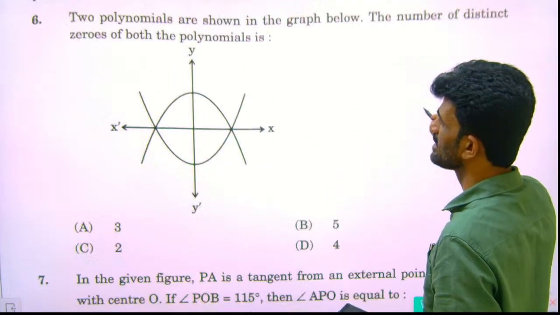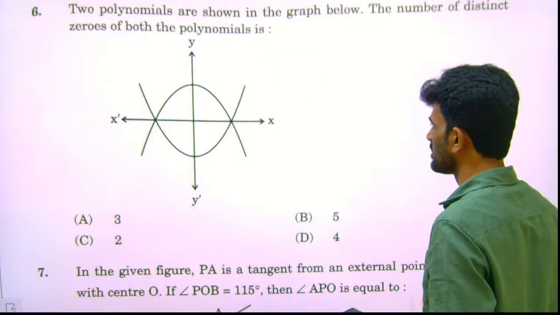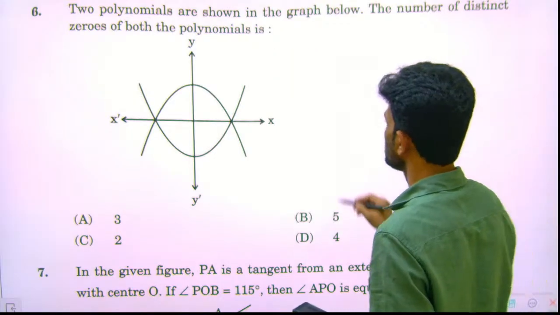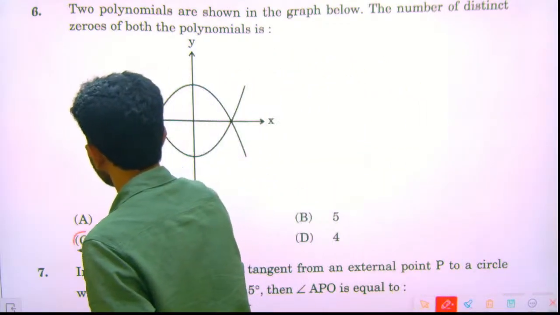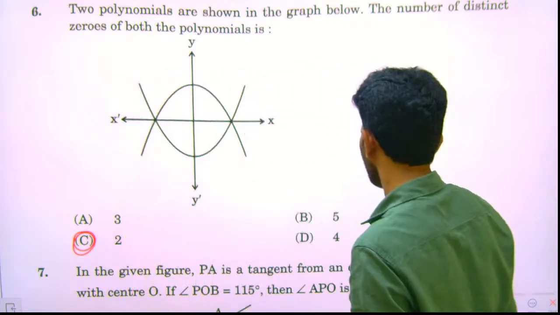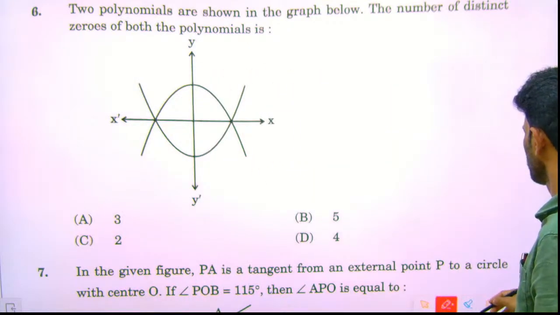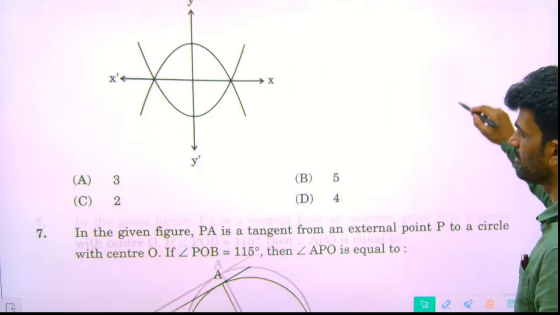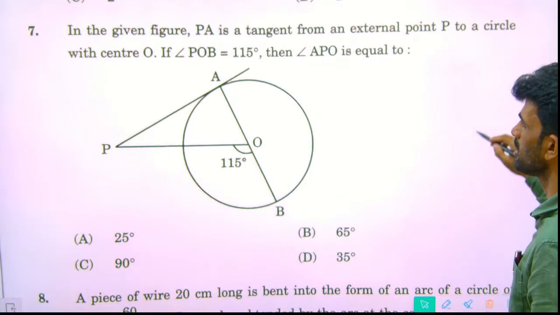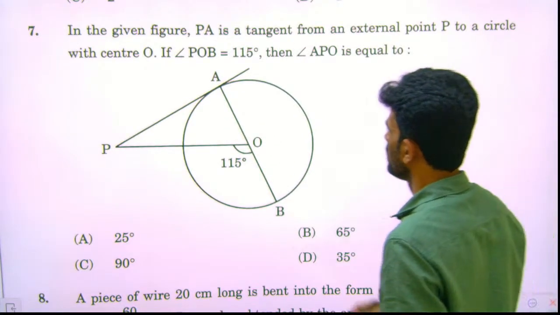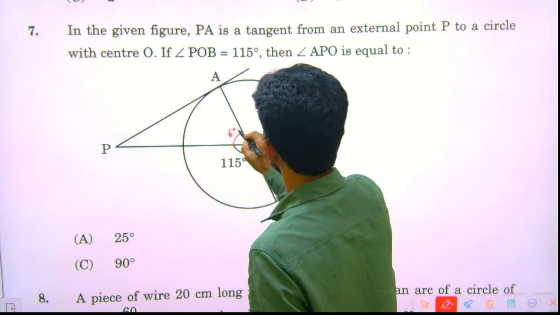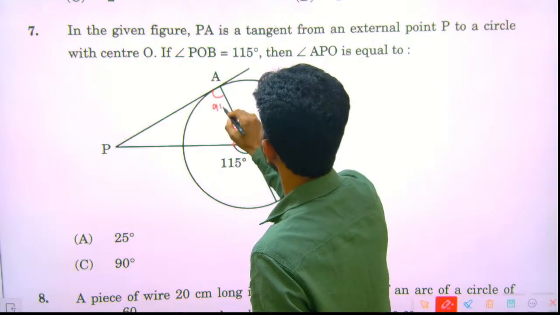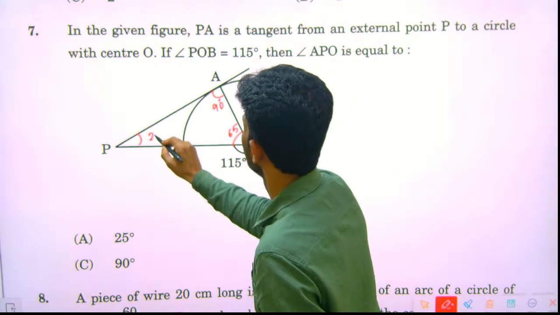Now question number 6, it was there in all the 3 sets. The answer is 2, because there are 2 distinct zeros for each polynomial. Now question number 7, this is also there in all the 3 sets. This is 65, this is 90, this is 25.